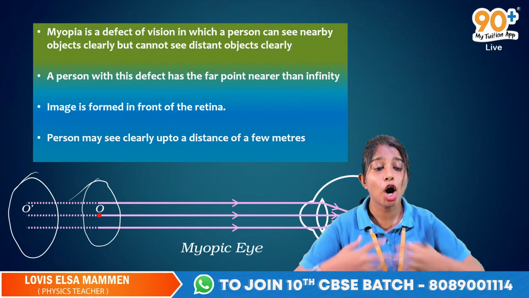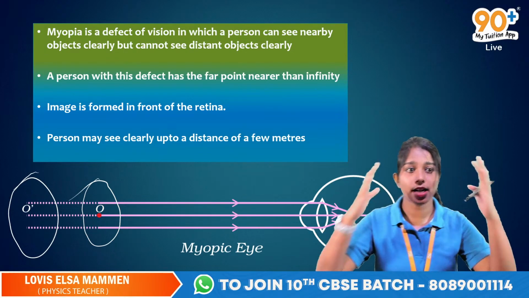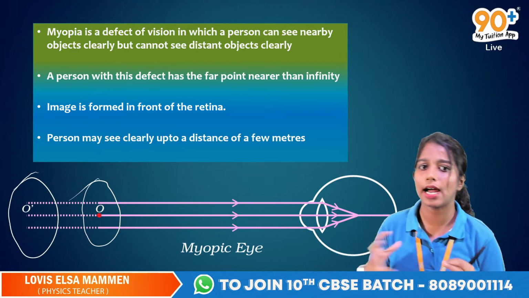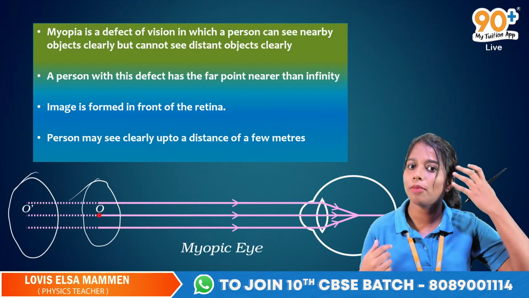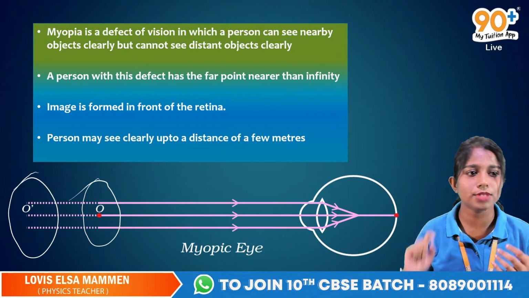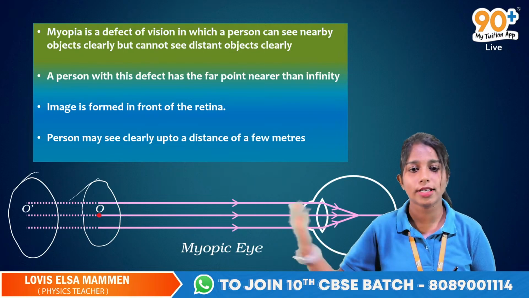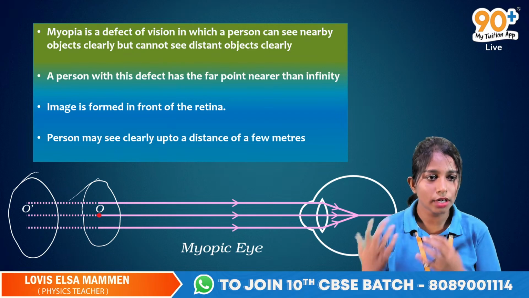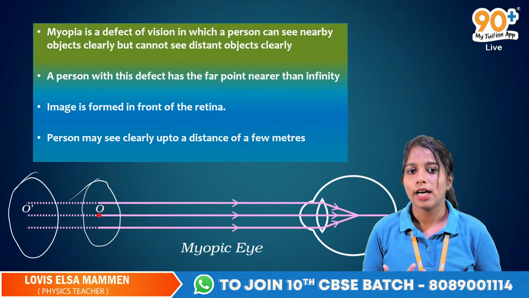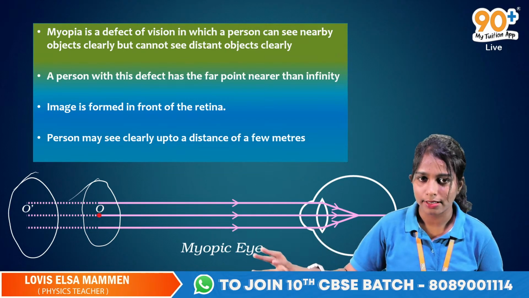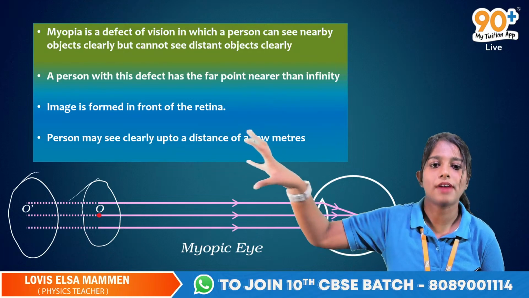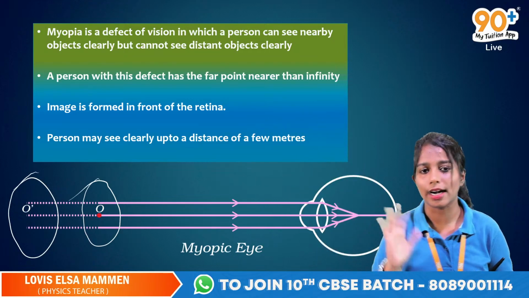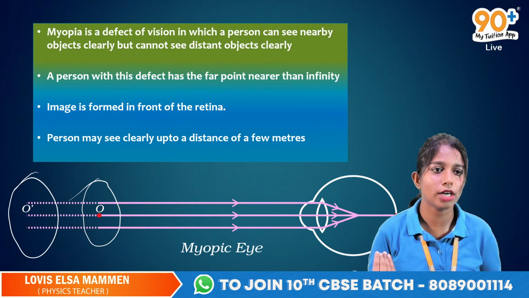In the case of a normal eye, without any spectacles, images are formed on the retina. But for a myopic eye, what is the case? Image is formed in front of the retina. So that is why nearby things can be seen correctly, but in the case of infinity, the far point, distant things cannot be seen correctly.